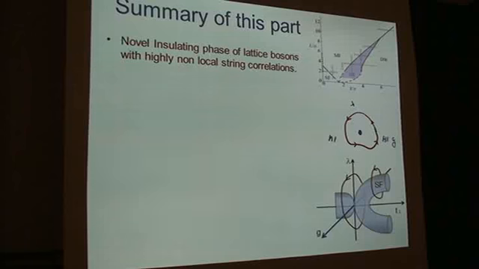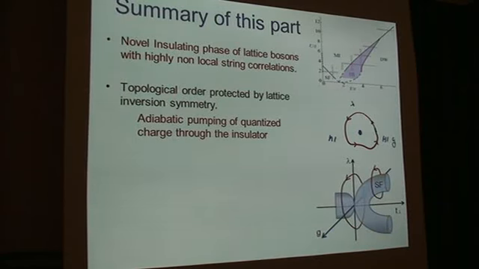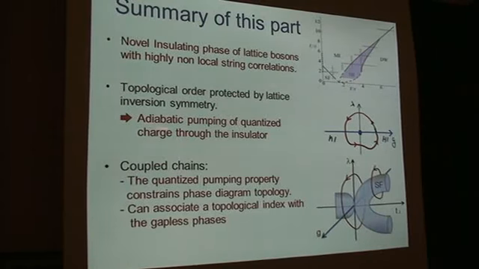So let me summarize, and I don't have time for the second part, as I suspected. I showed you that there is a new insulating phase of lattice bosons which supports non-local string correlations. It's the Haldane insulator here. The topological order is protected by lattice inversion symmetry, and because of this two-parameter plane, it allows for adiabatic pumping of quantized charge through the insulator.